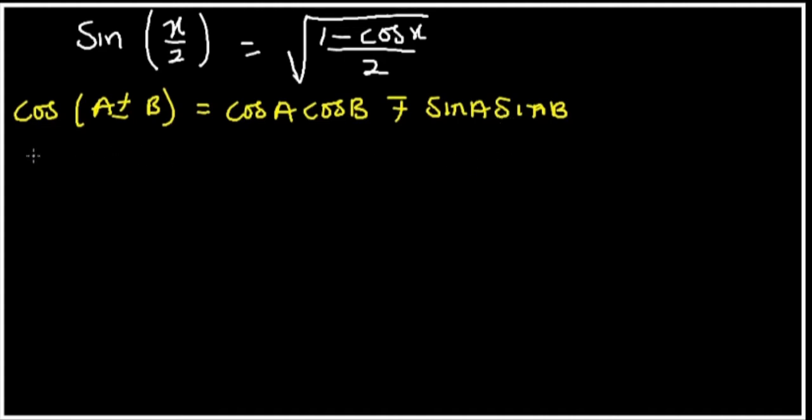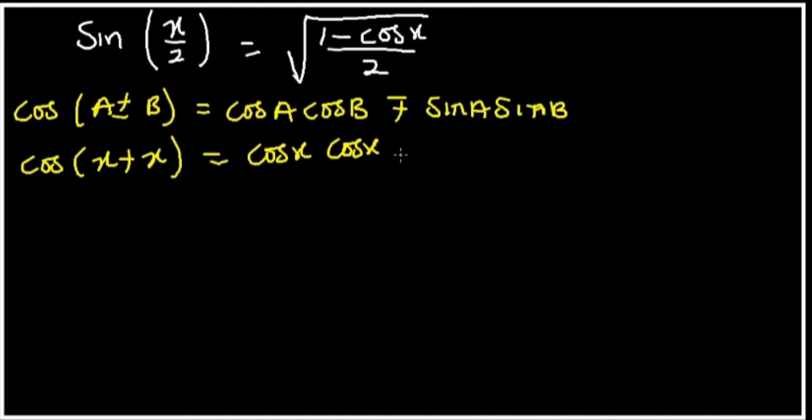Now suppose you now have cos of x plus x. And that will be cos x cos x minus, because for the cos identity, when you have plus here, you have minus here. Alright, so I'll have sine x sine x, and cos of x plus x is the same thing as writing cos 2x.